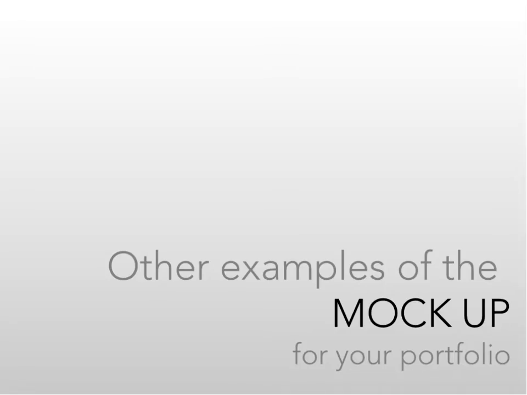So you can see then that the client was immediately impressed by seeing what that could possibly look like on real items, and it certainly had a big impact on his reaction to the brand.